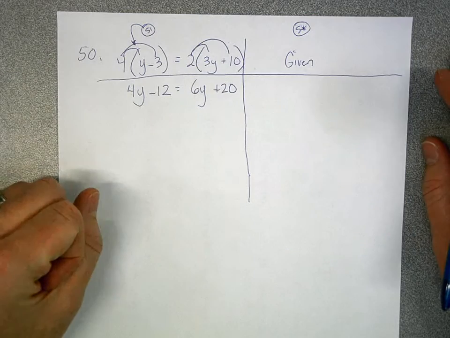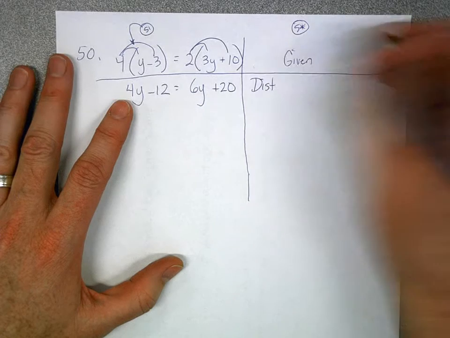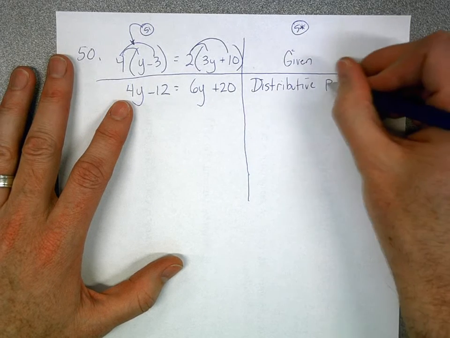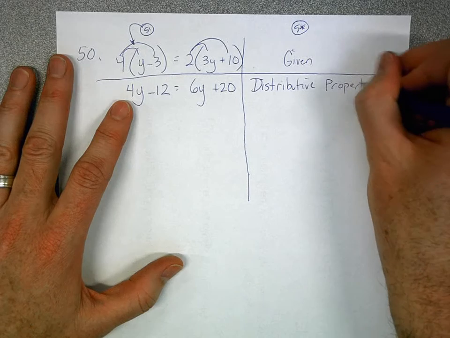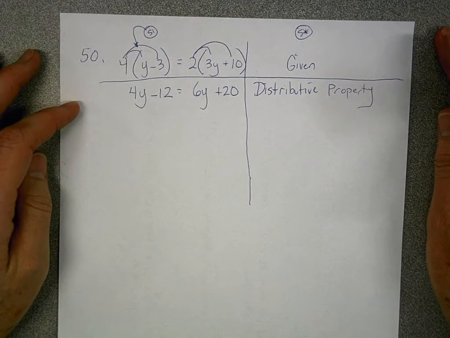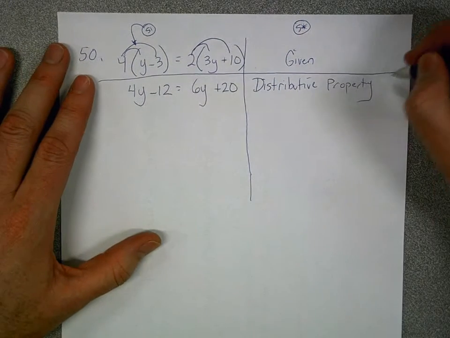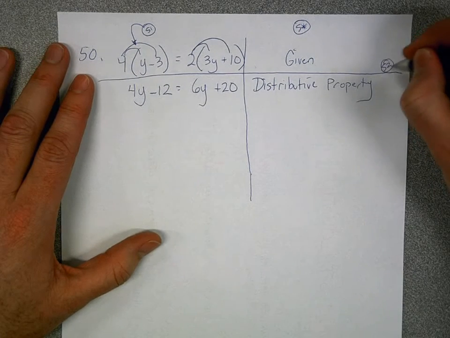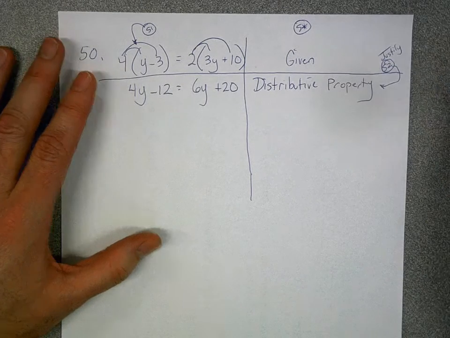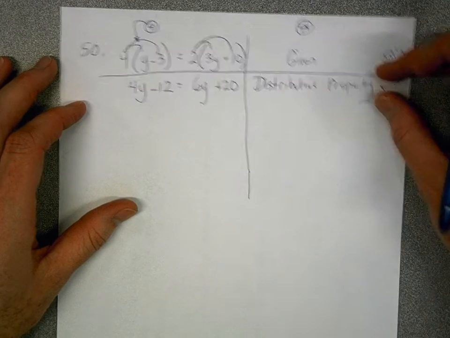I'm going to write for my justification distributive property. Okay, so that is step 2. Justify, and it is required on these 2 problems. All you're doing is labeling which skill you just used that you've been taught this year.